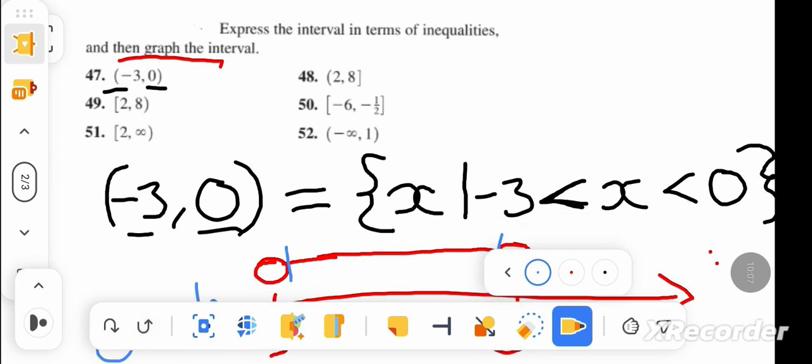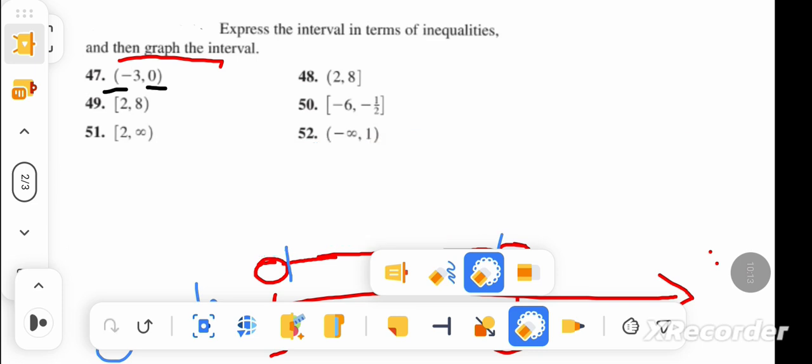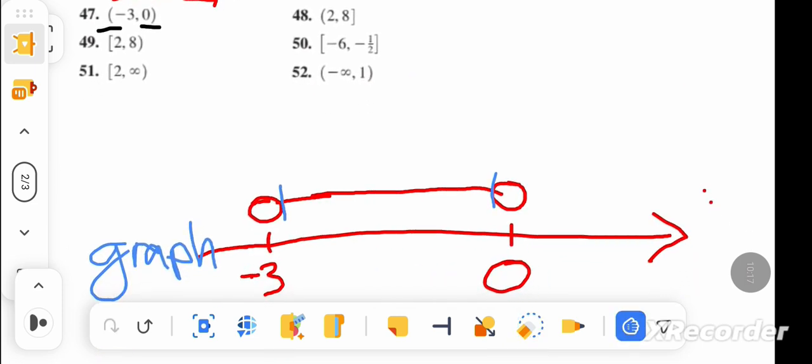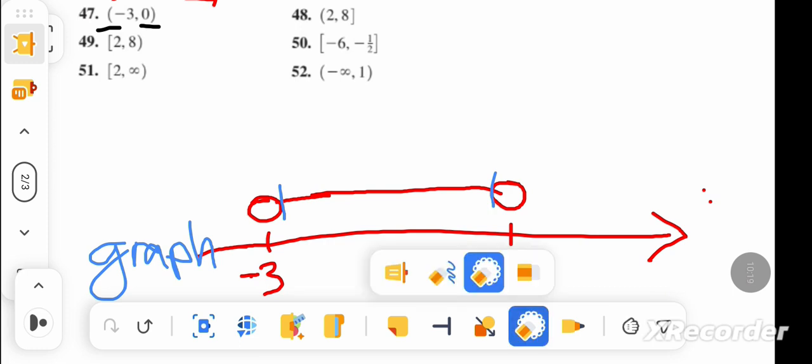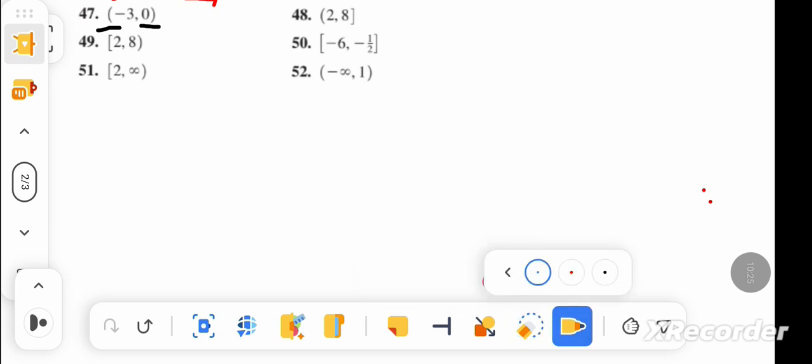Okay, so let's do that. So we have a square bracket 2, 8, then a parenthesis this side.